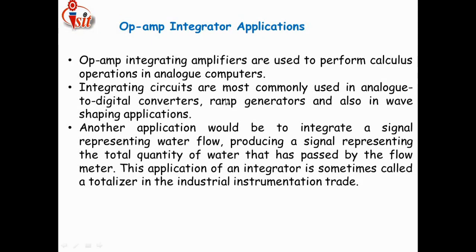Then integrating circuits are most commonly used in analog to digital converters, that is, A to D converters, to convert a ramp generator, and also in wave shaping applications. Depending upon the capacitor charging and discharging period, the wave will be shaped. And it is totally dependent upon the time parameter, that is the 0 to t integration parameter.